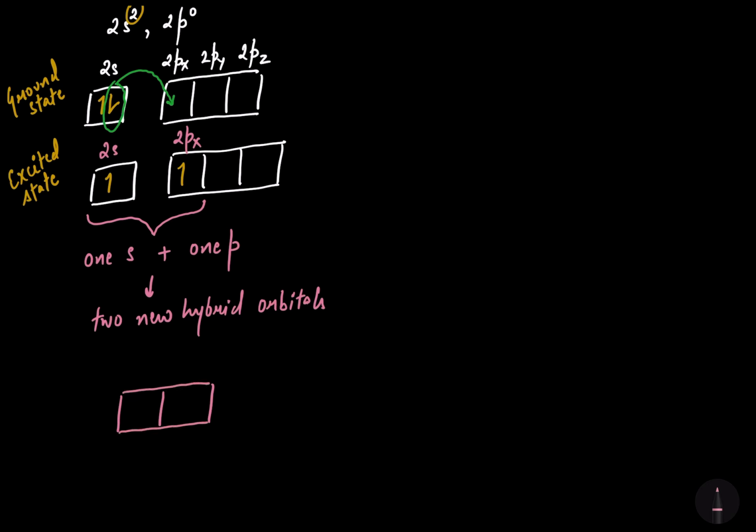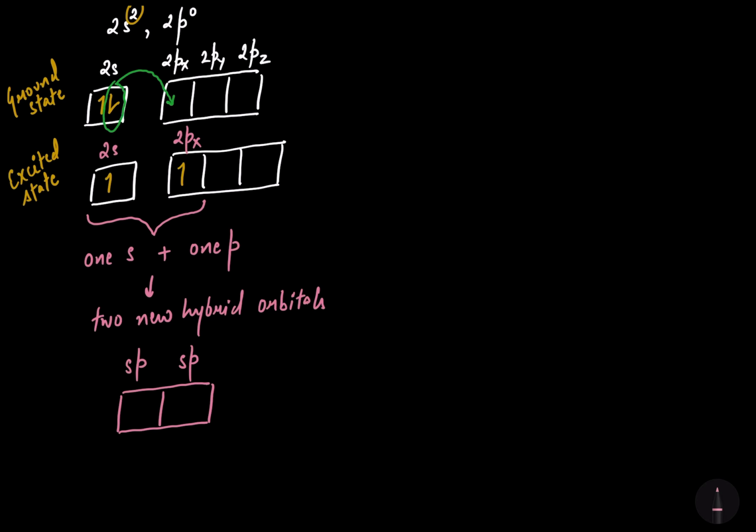Since one s and one p are mixing, the hybridization is called sp hybridization, and we got two hybrid orbitals which are named sp hybrid orbitals. That means one hybrid orbital has 50% s character and 50% p character, and the same goes for the second sp hybrid orbital.